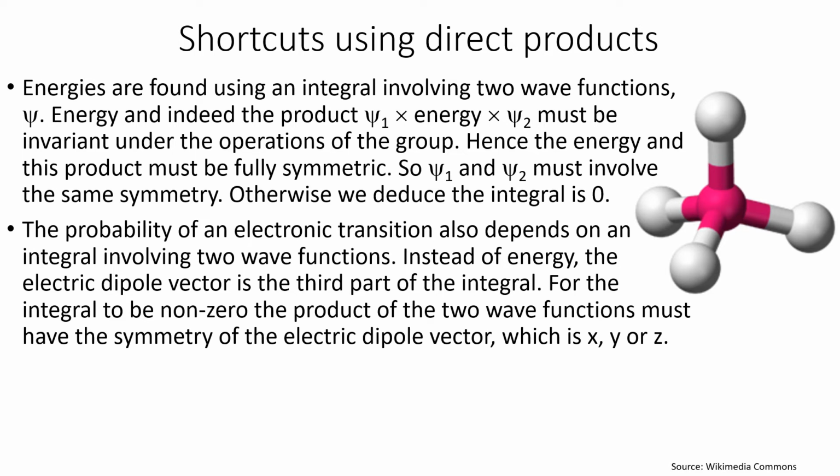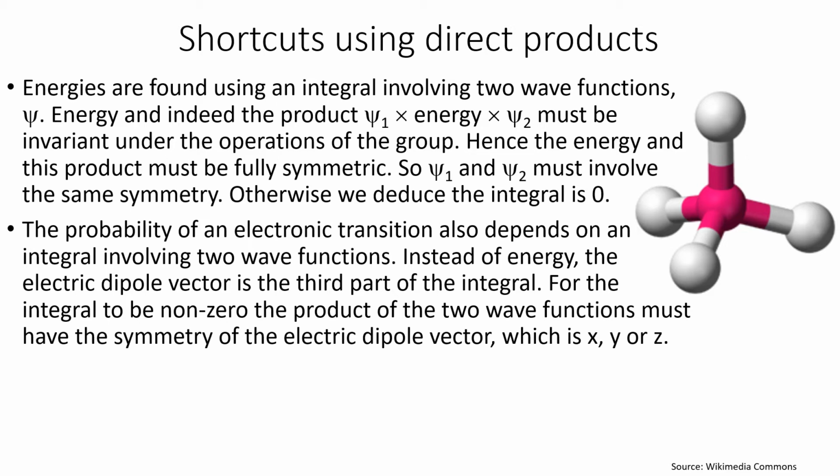So you think about that oscillating electric field, that oscillation we can represent as a vector. So it's going up and down, and so we can think of that as being like plus or minus z or something in the form of an oscillation. So in other words, rather than the energy operator transforming as a fully symmetric irrep, the electric dipole transition operator is going to have the symmetry of x, y, or z.